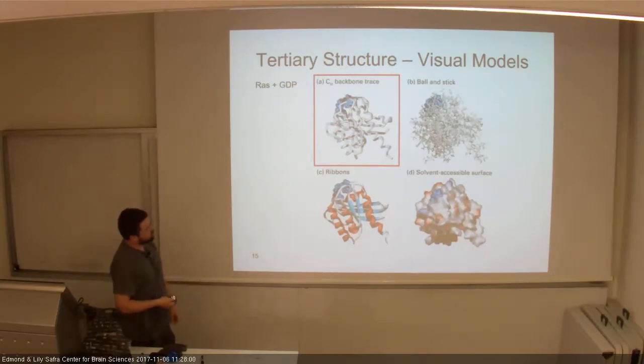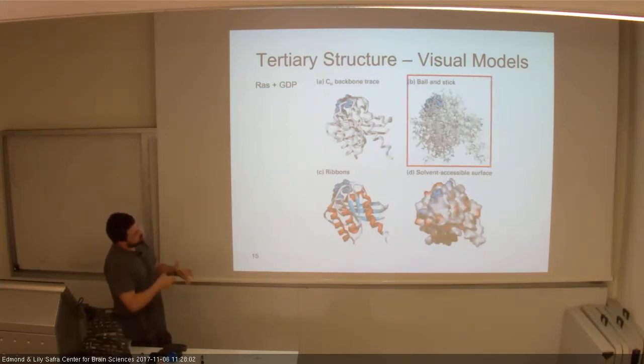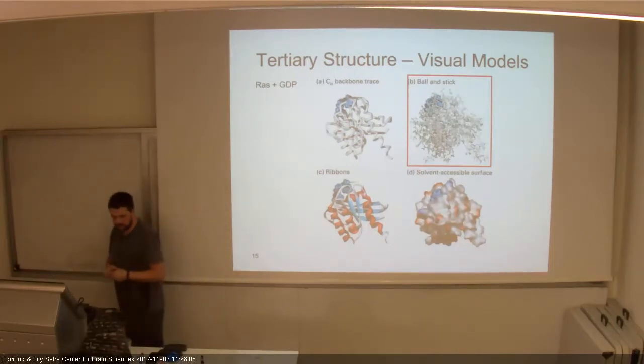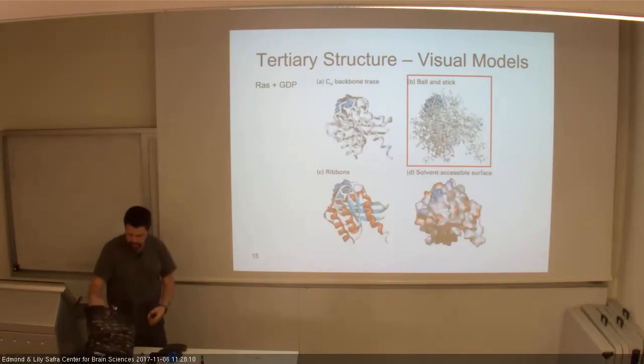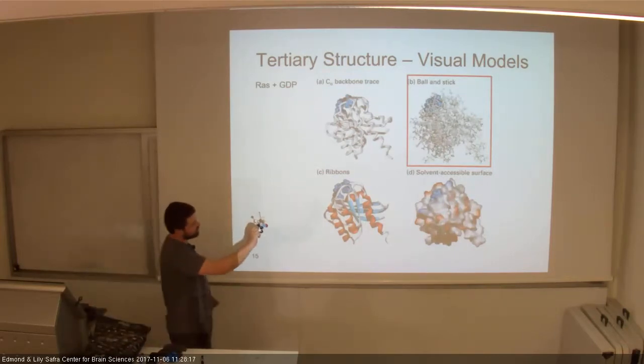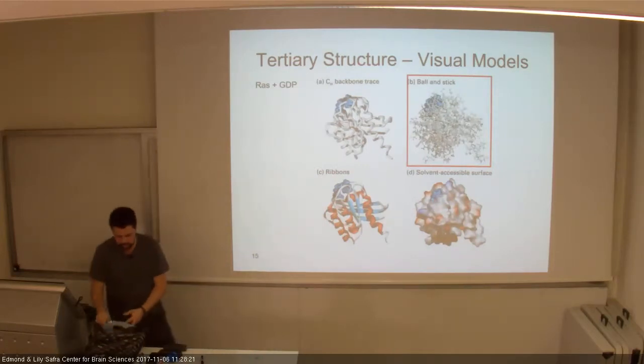Then you have the most elaborate model, which is what we call ball and stick, which you can imagine is exactly like the model that I showed you here, in which you can see each and every one of the atoms, but you don't see, for example, the electron clouds around them.